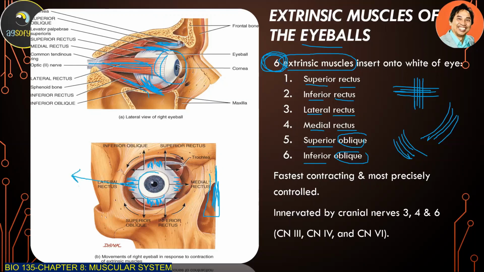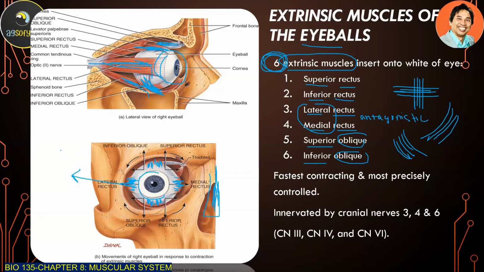Then what happens? This lateral rectus should be contracted. The medial rectus will be relaxed. So these lateral and medial muscles will be antagonistic muscles, because one is relaxed and the other one is contracted.